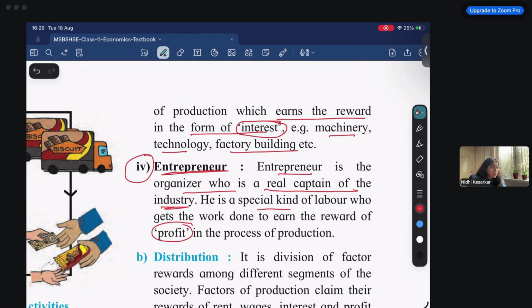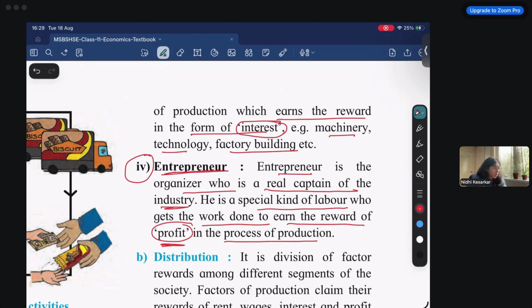He is a special kind of labor who gets the work done to earn the reward of profit in the process of production. So, what does entrepreneur earn? Profit. So, what have you studied so far? Land earns rent, labor earns wages, capital earns interest, and entrepreneurs earn profit.